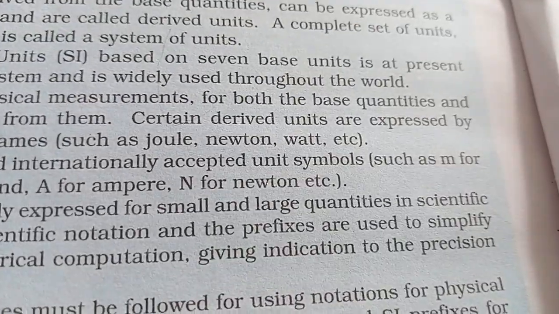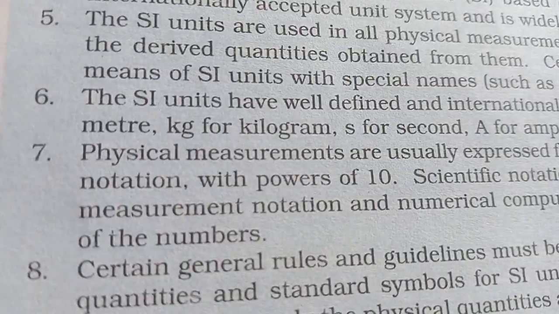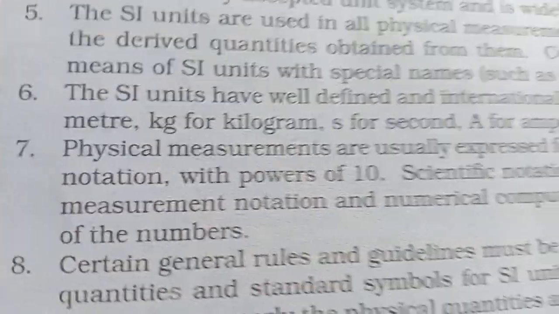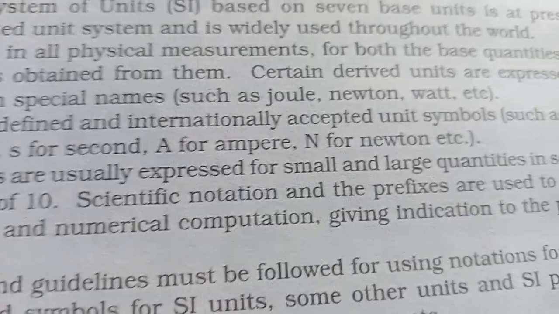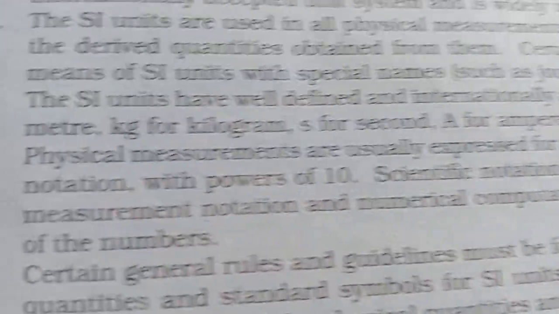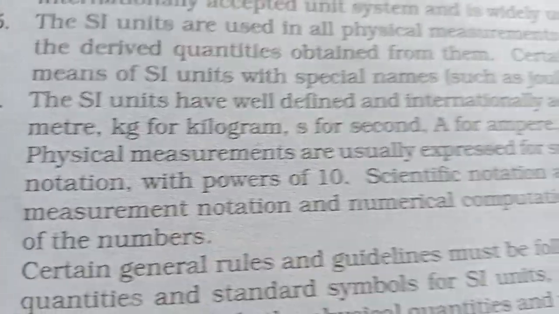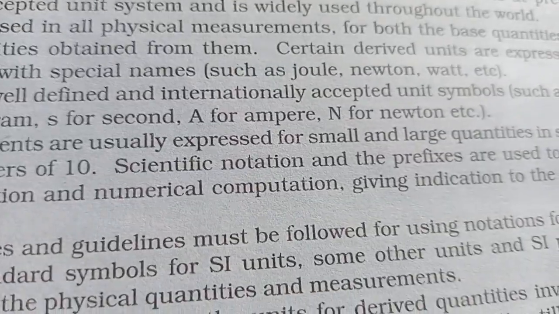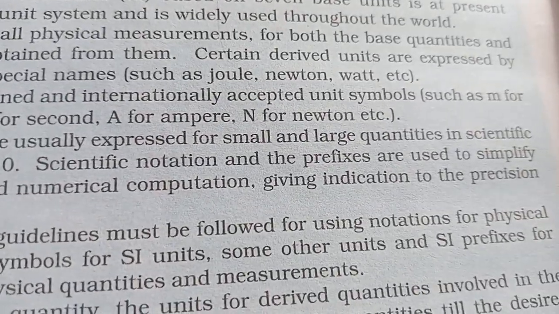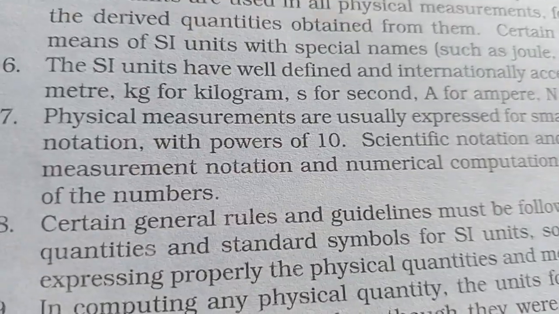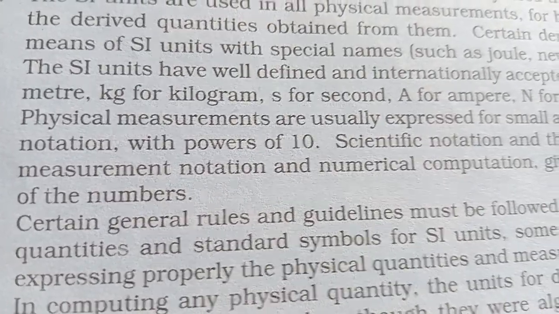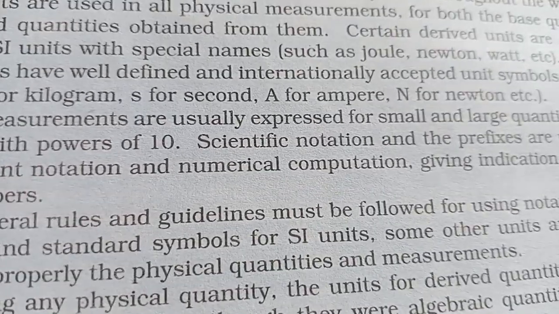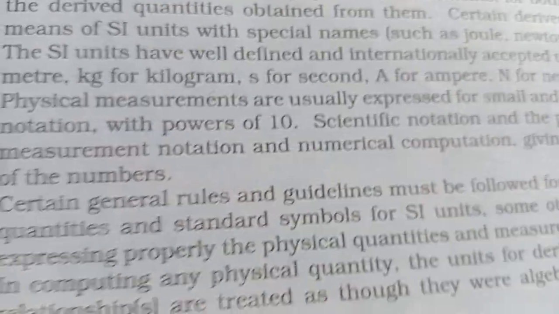Certain derived units are expressed by means of SI units with special names such as joule, Newton, watt, etc. The SI units have well defined and internationally accepted unit symbols such as m for meter, kg for kilogram, s for second, A for ampere, N for Newton, etc.